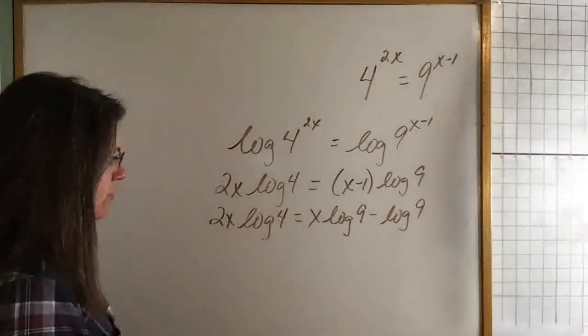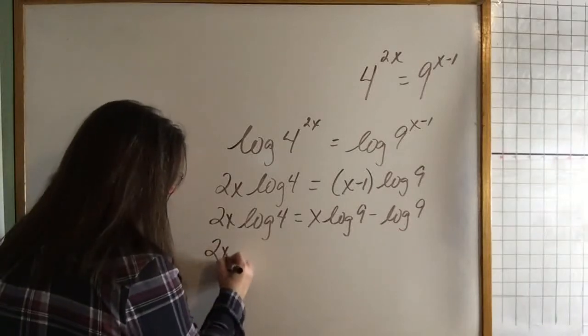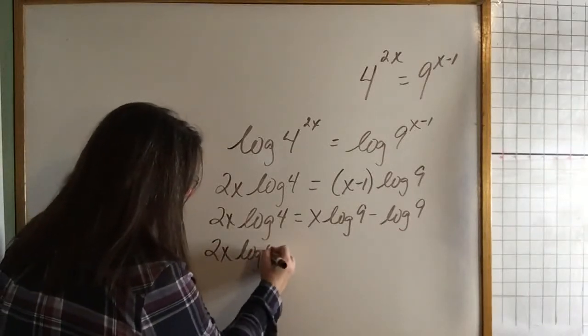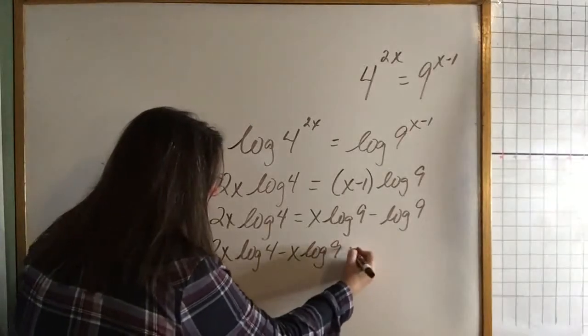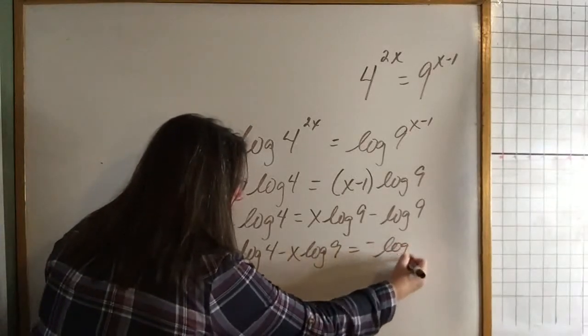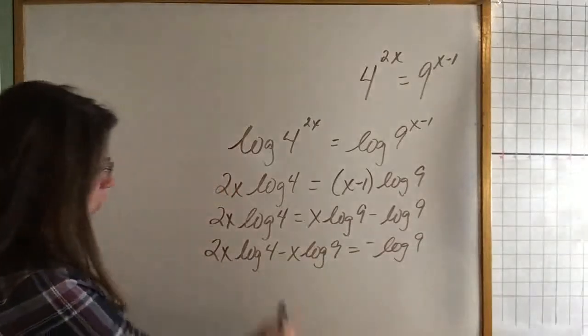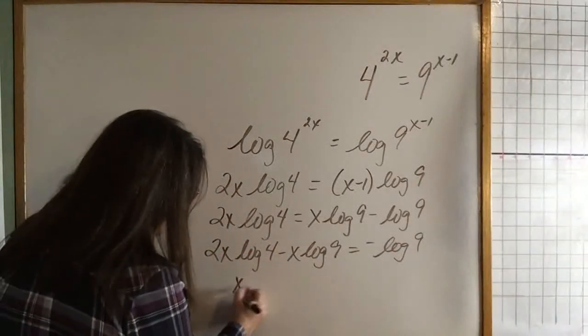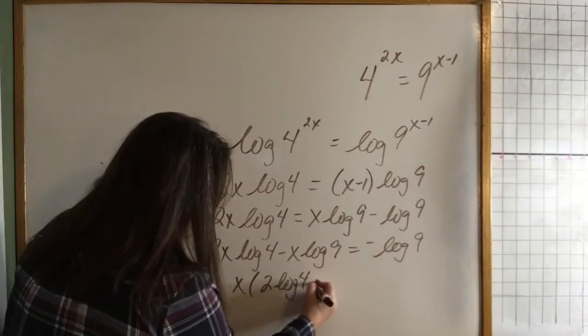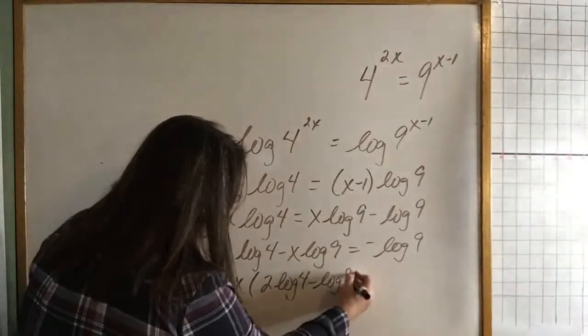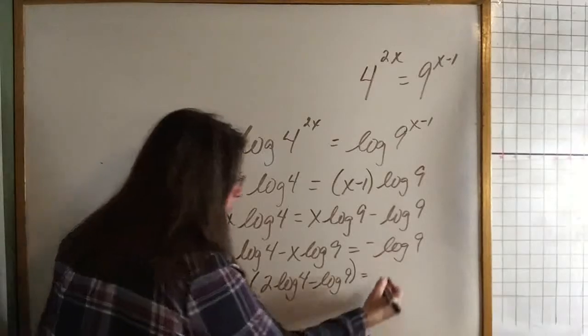I will get the x's to the same side. 2x log 4 minus x log 9 equals negative log 9. I'm going to distribute out the x. So I've got 2 log 4 minus log 9 equals negative log 9.